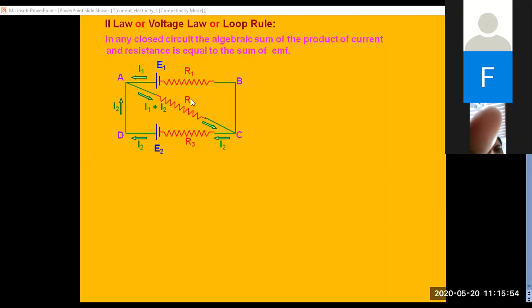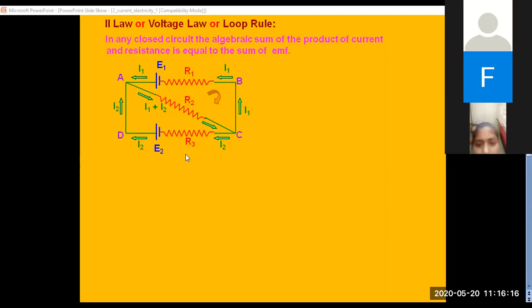The next thing is, this current I2 can make a circle like this, and it can move across R3 also. It starts like this, so it will go to A, then to B, then to C and reverse back. Same way, the direction of I1 is also indicated. Now in this second law, you can give the direction.